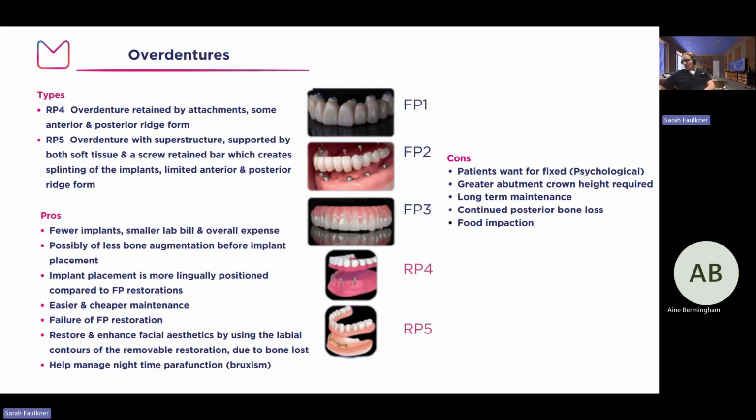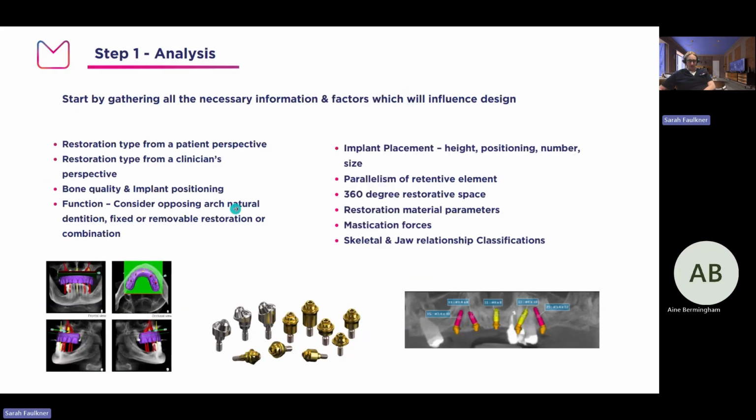If there's continued bone loss as well, in the posterior section especially, there's always the possibility of food impaction. So again, like everything, it is about making informed decisions for your patient. So let's have a look at the analysis.